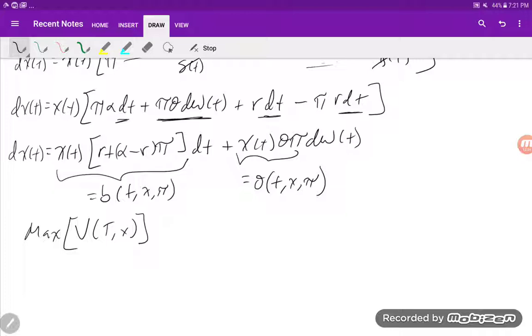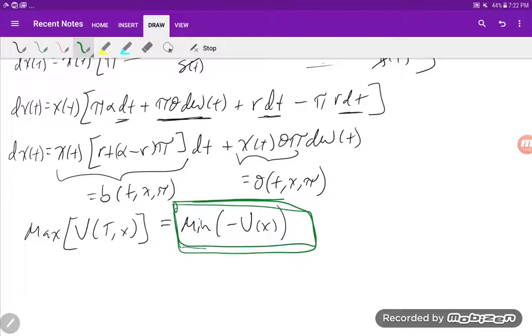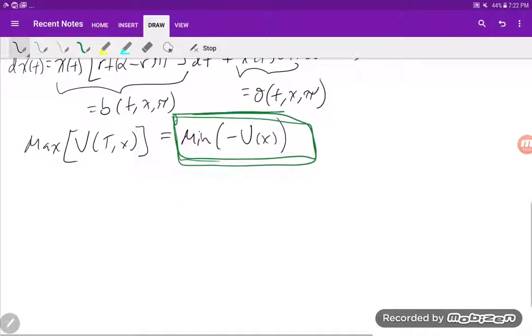I'm going to simplify the notation a little bit and just say negative u of x. So this becomes our objective. We've cast this as a minimization of negative wealth. You'll see in the end that that is completely consistent. It doesn't change anything.